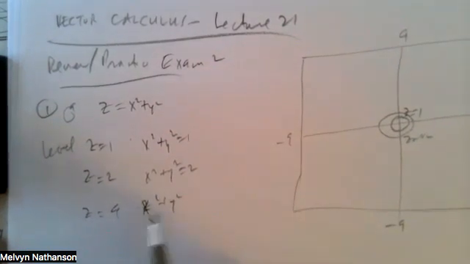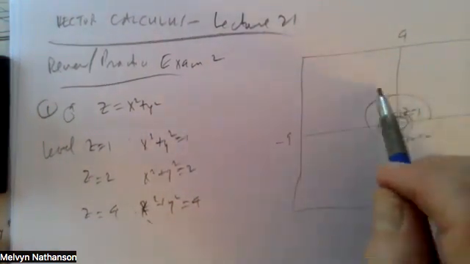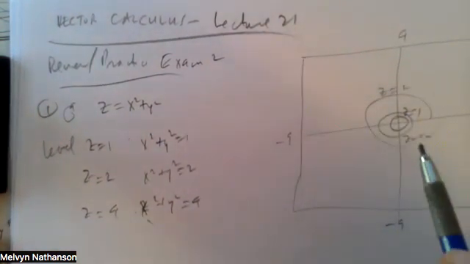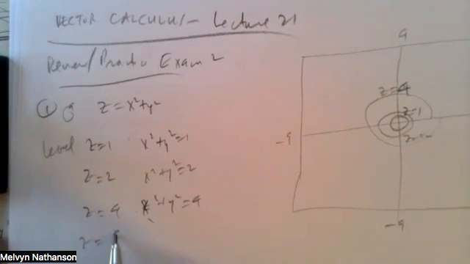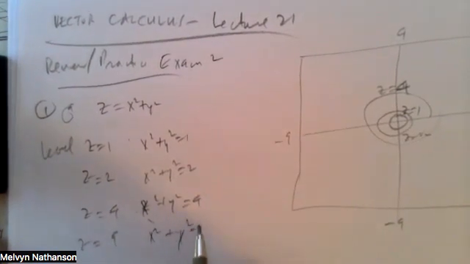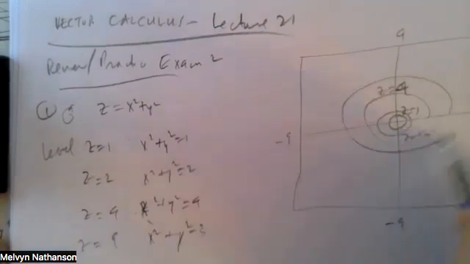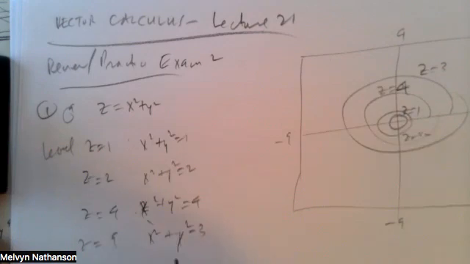The level curve x squared plus y squared equals 4, just the circle of radius 2. We take z equals 9. The points where x squared plus y squared equals 9. That's just the circle of radius 3, and so on.